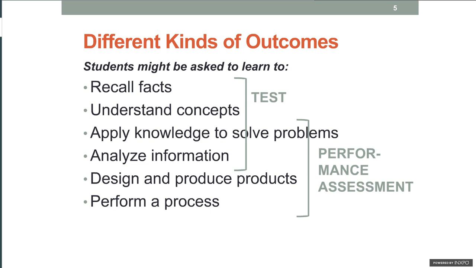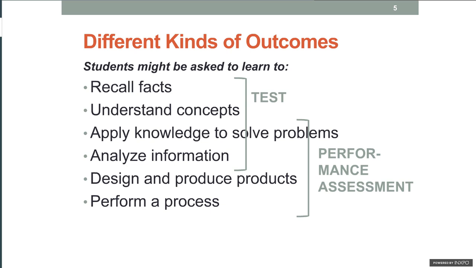And then there are a couple of kinds of outcomes that you could assess with either a test or a performance assessment. If you want students to apply knowledge to solve problems, you can do that on a test, but on a performance assessment, you can ask students to do more extended problems and to explain their reasoning, which is often a very good reason to give a performance assessment.